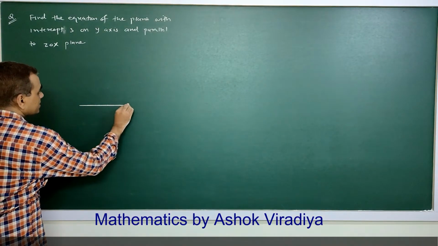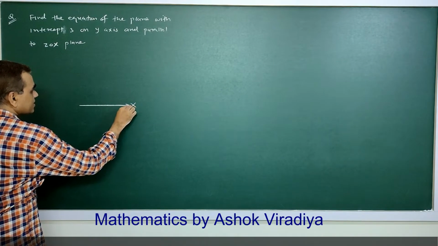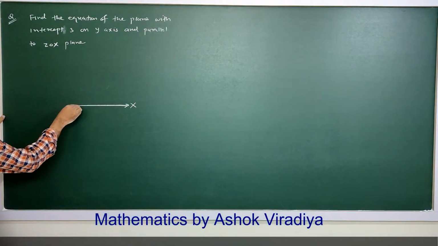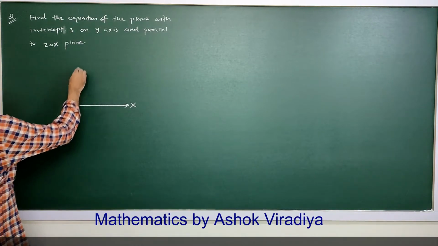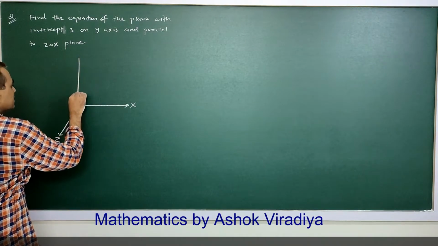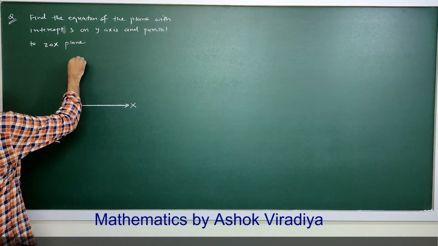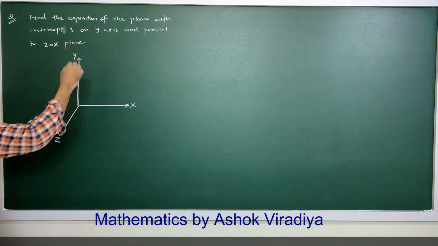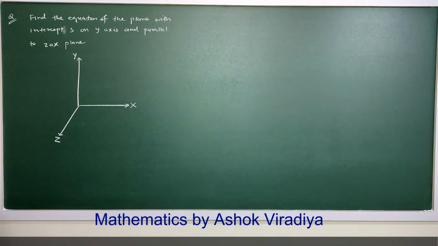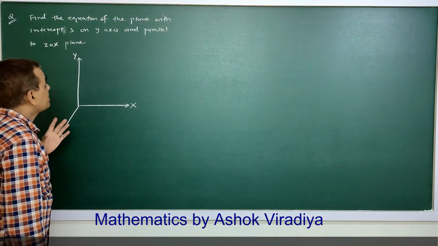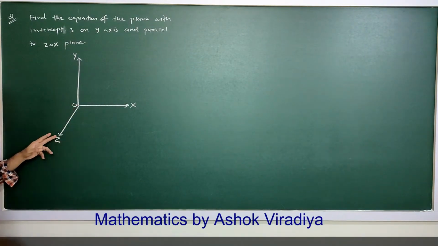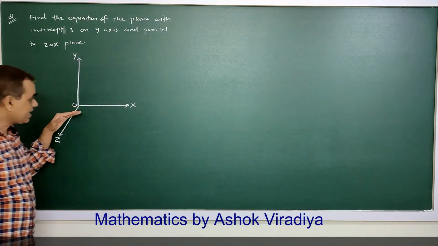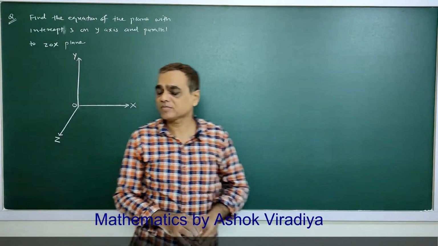Say this is the x-axis, this is the z-axis, and this is the y-axis. Now the plane is parallel to the ZOX plane.